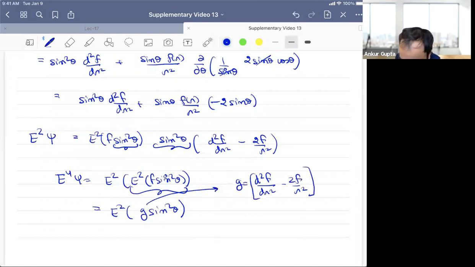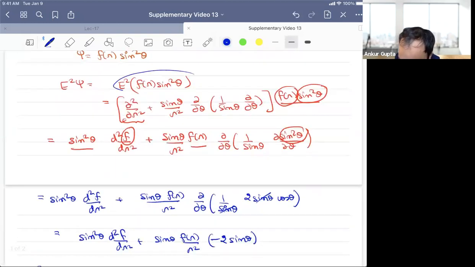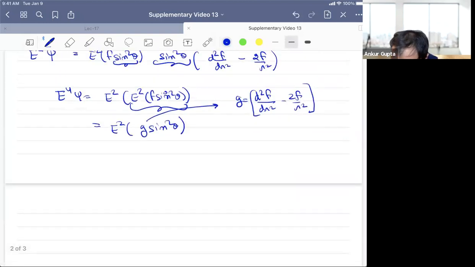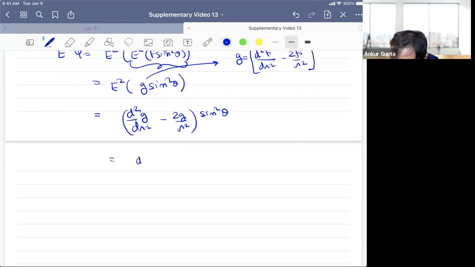Because we have already calculated what happens when we operate on f(r) sin²θ, this essentially means I will at the end get d²G/dr² minus 2G/r², times sin²θ. Or you can think of it like this: (d²/dr² minus 2/r²) of G sin²θ.